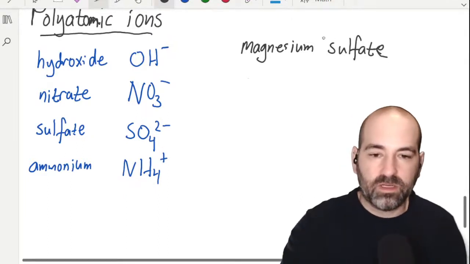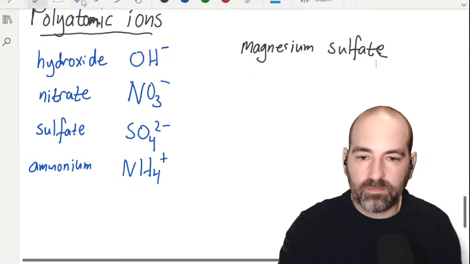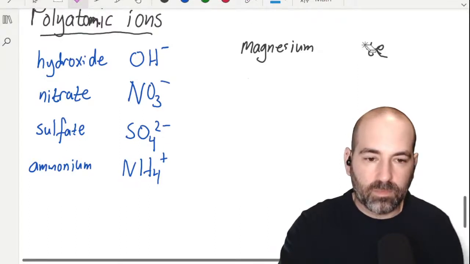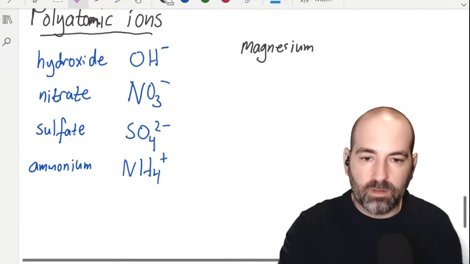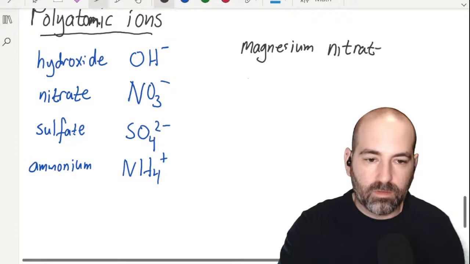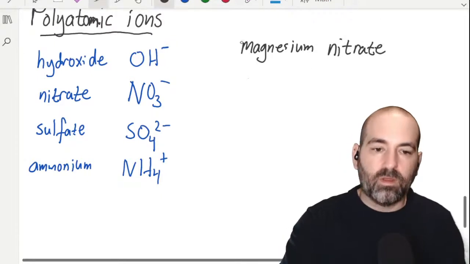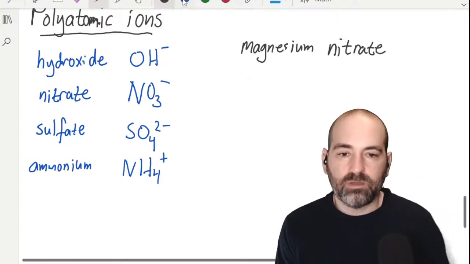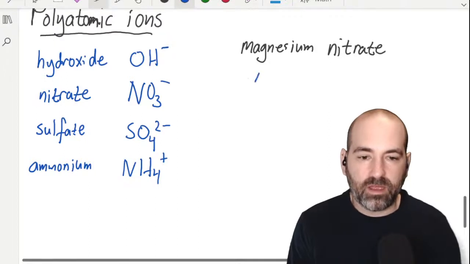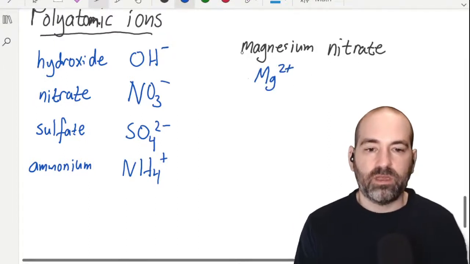Actually, let's do nitrate so I can show you one other thing. All right, magnesium nitrate. So the magnesium part is easy. We've done that now. That's on the periodic table. We look it up. We find that it's Mg2 plus.